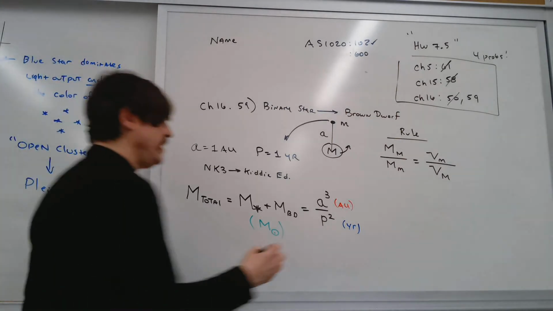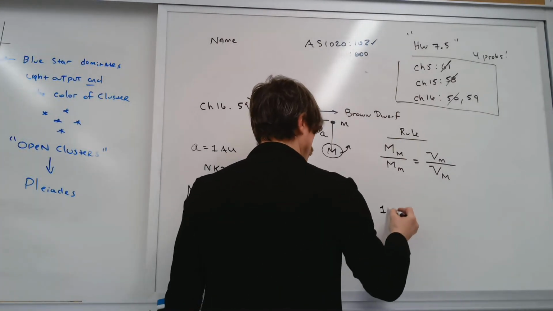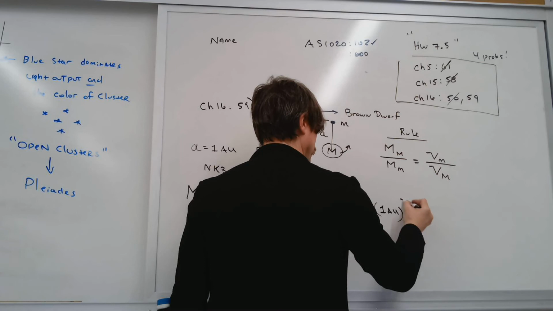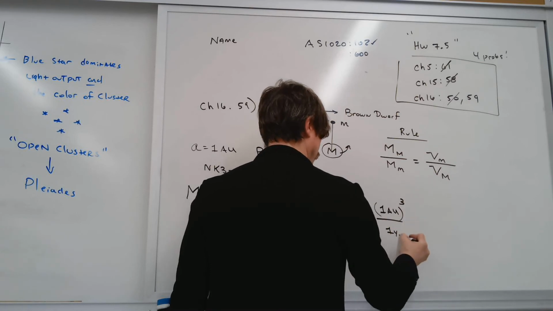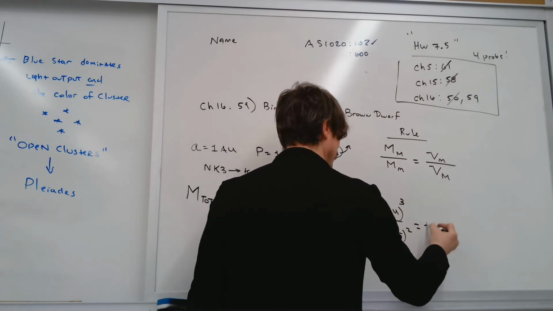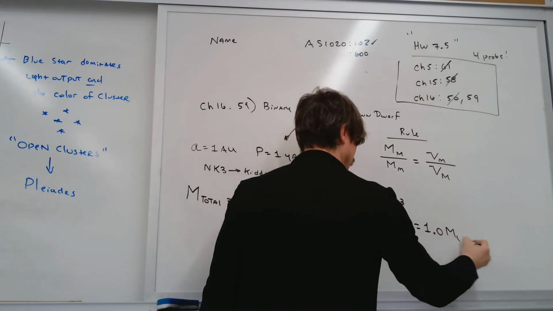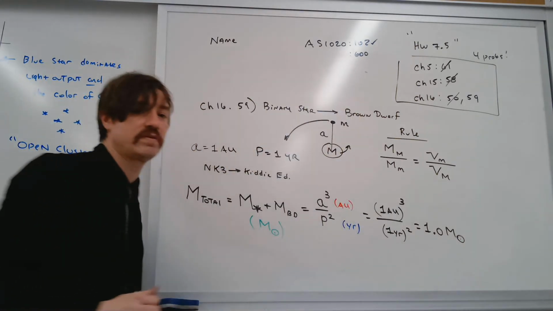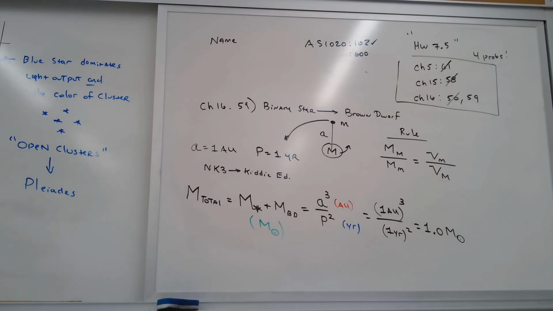Well, this problem couldn't be any dumber, right? We have 1 AU cubed over 1 year squared, giving us a total mass of 1 solar mass unit.